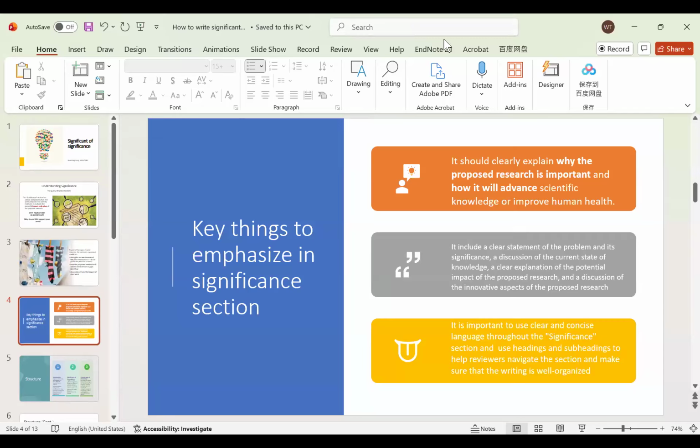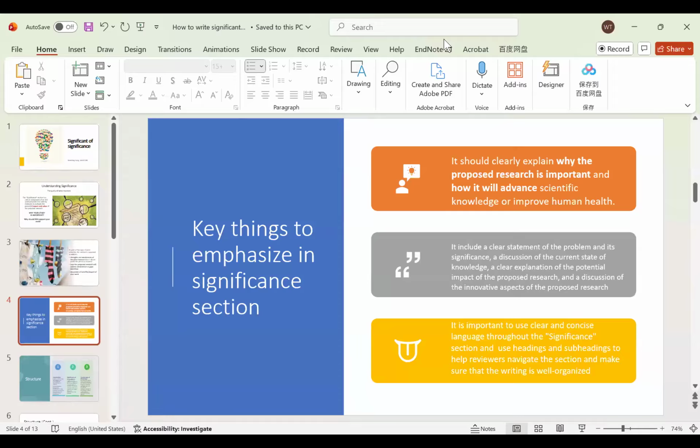So these two parts are kind of similar. For the problem statement, I think we usually include it in the Aims page, especially the first paragraph of the Aims page, where we want to mention the problems.